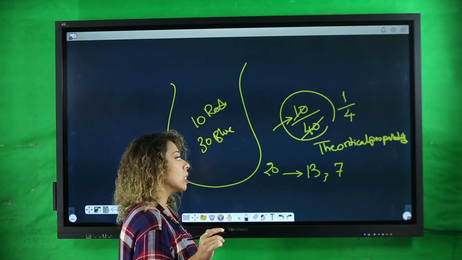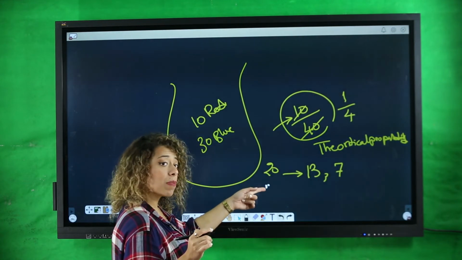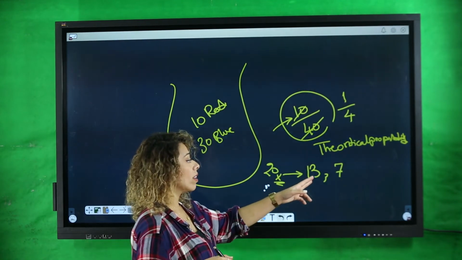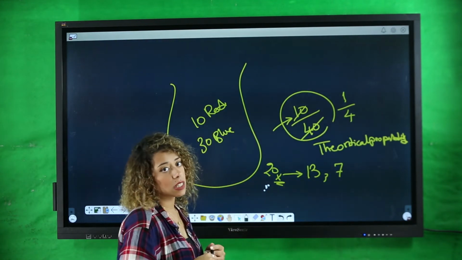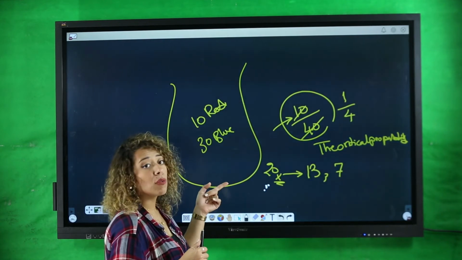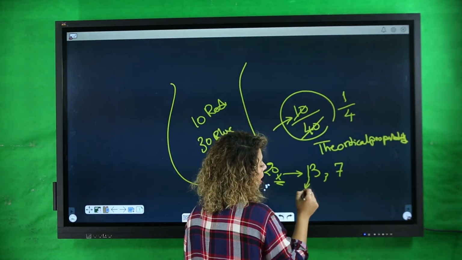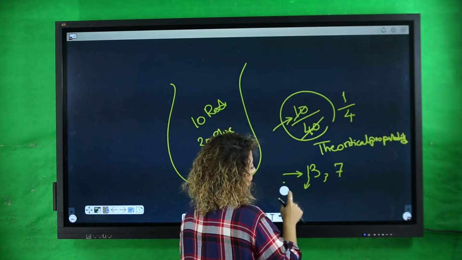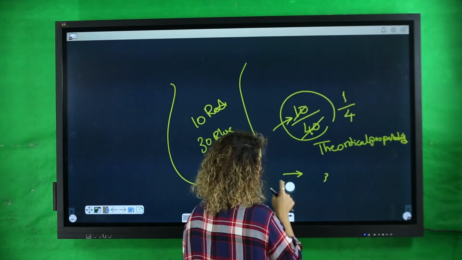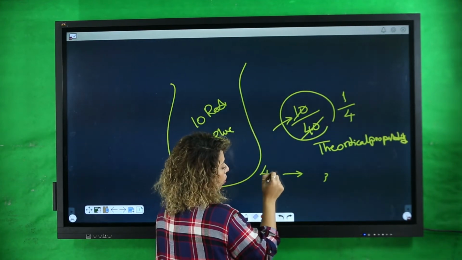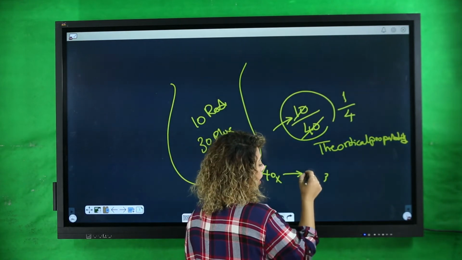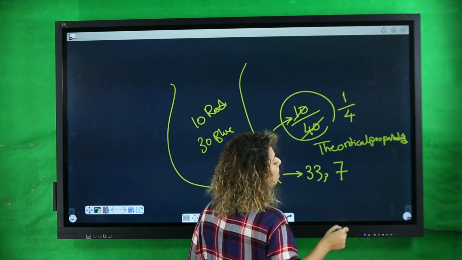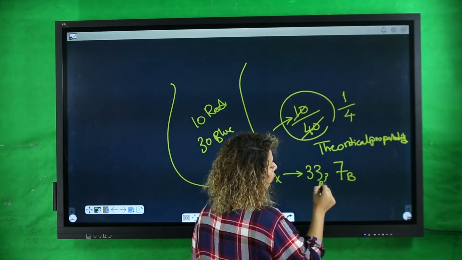So what will be my probability now for red? Let's say that we tried it for 40 times first, to make it a little bit easier. If I tried the experiment for 40 times, I received 33 times red and 7 times blue.